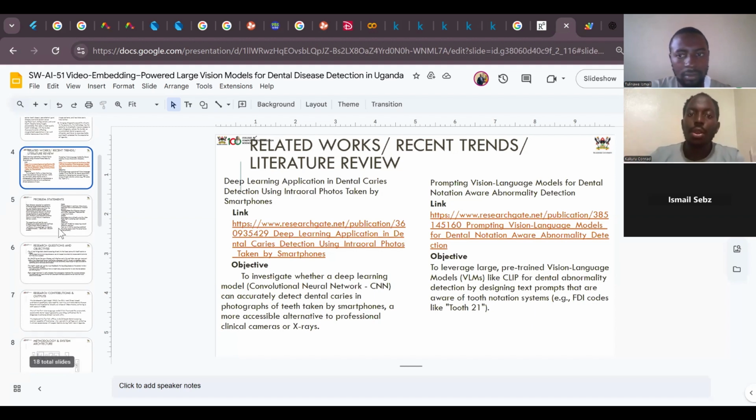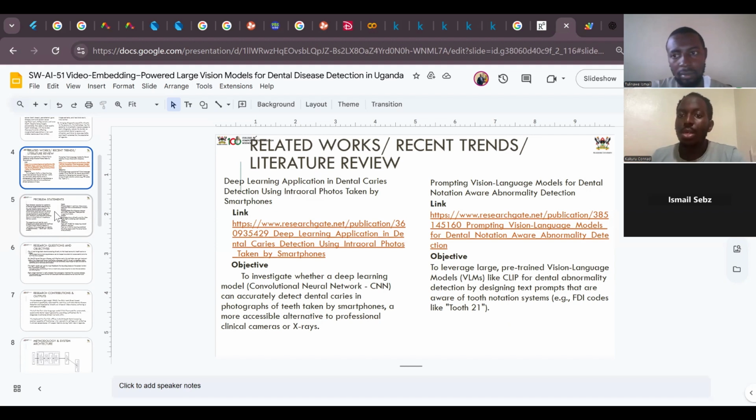So we did a literature review, and I found two research papers that were really related to what we are researching. The first paper was about detecting dental caries using smartphones, and here they used a CNN, which could detect dental caries in X-ray images and then give people feedback. But in our case, we can't use X-rays because we want to give it to people who don't have access to X-rays.